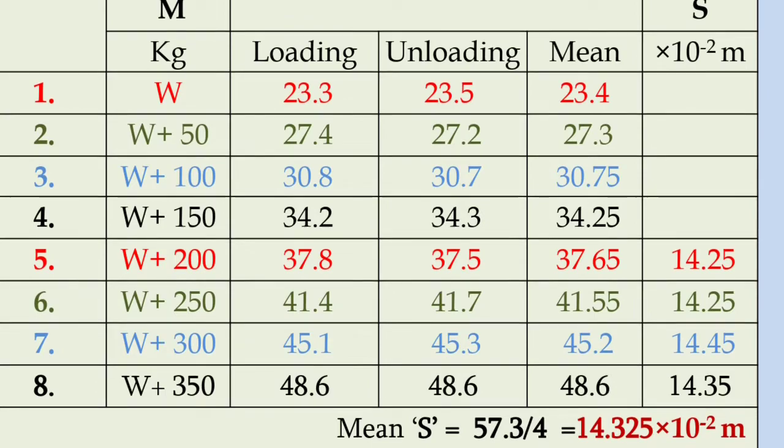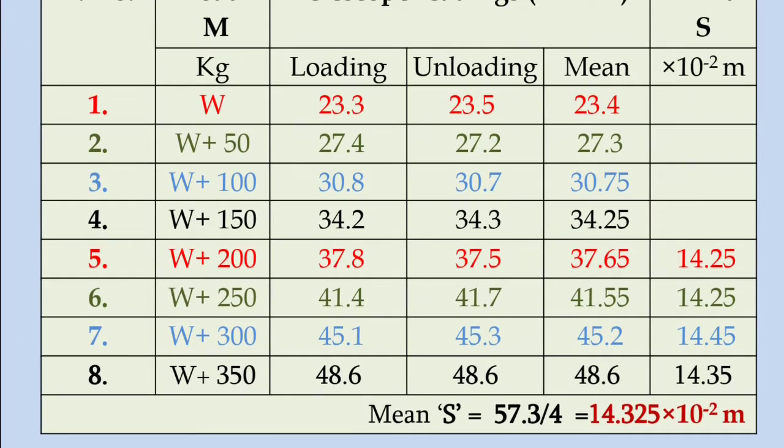Next, the shift for 200 grams is W plus 300 minus W plus 100, which are highlighted in blue color, and the respective means are subtracted, and the answer is 14.45. And the next shift is W plus 350 minus W plus 150, that is 48.6 minus 34.25, and the result is 14.35.